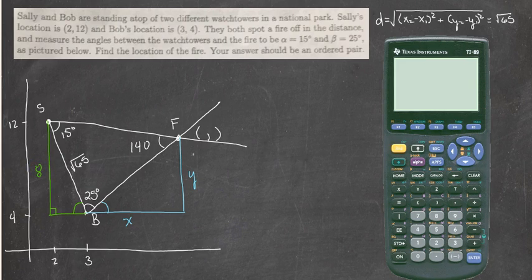So I'm going to use the law of sines, and I'm going to say that I'm looking for angle P. So the sine of angle P is to 8 as the sine of 90 is to root 65. Sine of 90 just equals 1, so I don't have to deal with that.